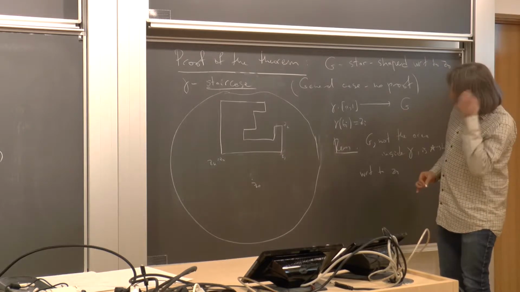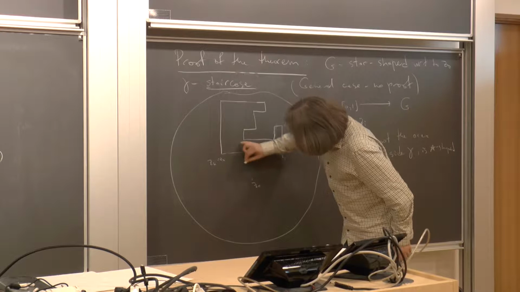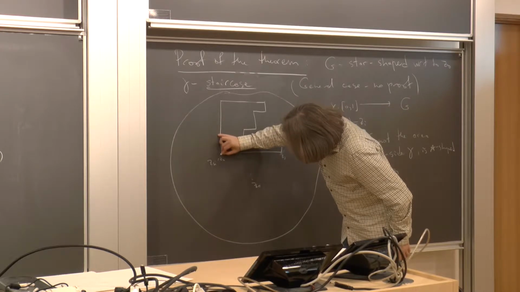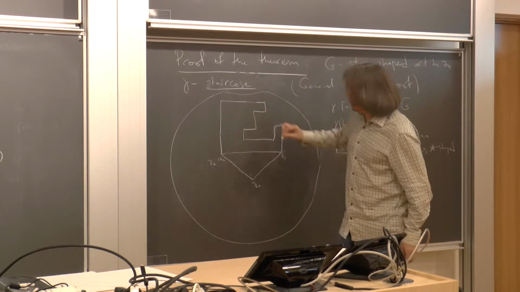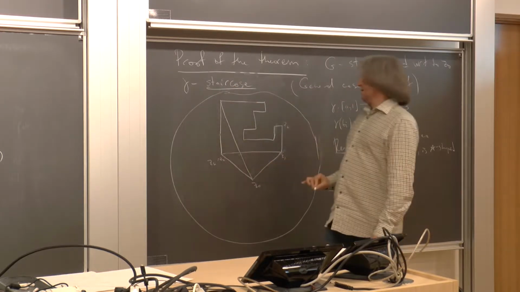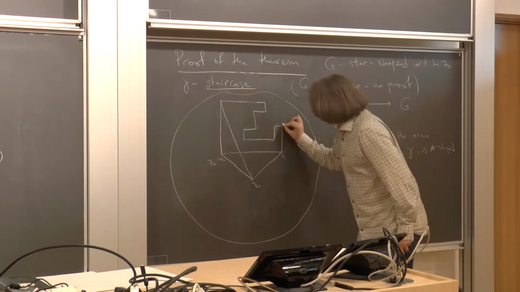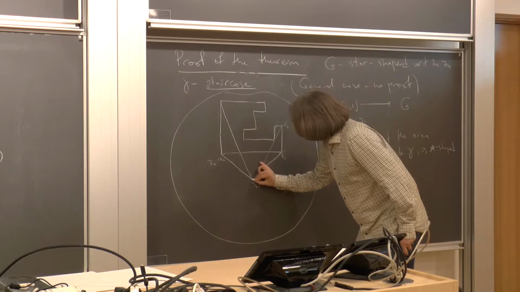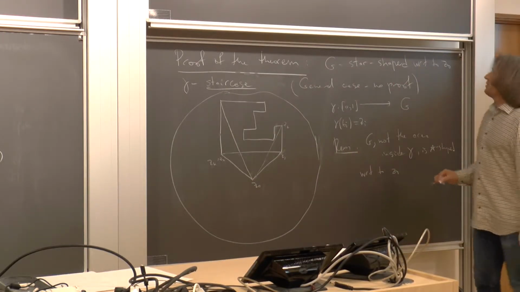And then I connect this point with the vertices, and by definition of star-shaped, all these obtained triangles are completely inside G.